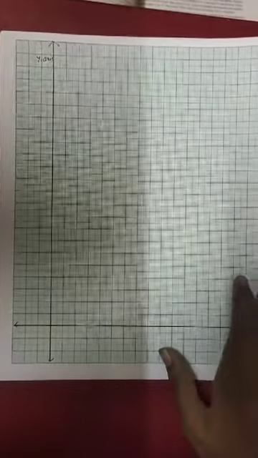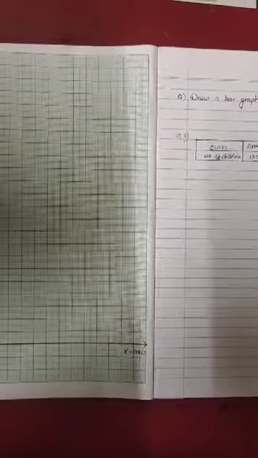In class, as we discussed, what are the main important aspects to cover? First thing is to draw the axes: X-axis, Y-axis. And what is the meeting point? Origin. The meeting point is the origin.